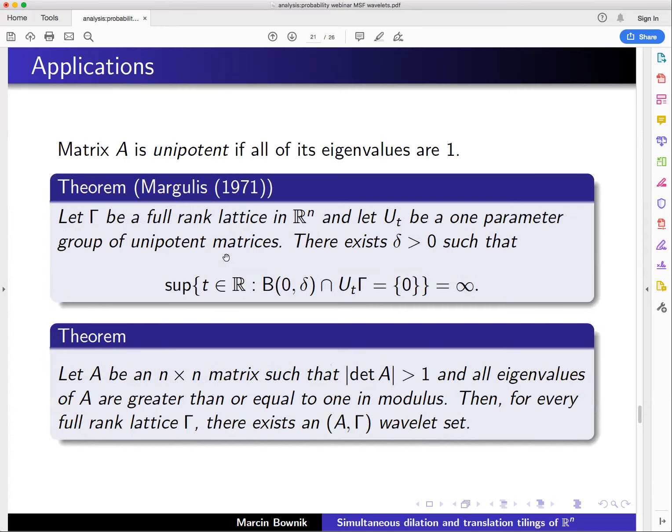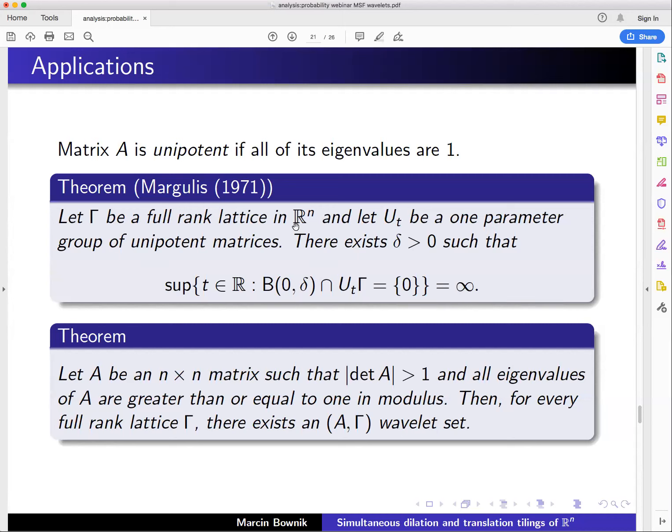Okay. So now, what are the applications of this result? The first application is actually a little modest, I would say, generalization of the result of Dai, Larson, and Speegle about existence of wavelets for expanding dilations. But we have to use quite a non-trivial result of Margulis. A matrix is unipotent if all of its eigenvalues are equal to 1. What Margulis has shown is the following.